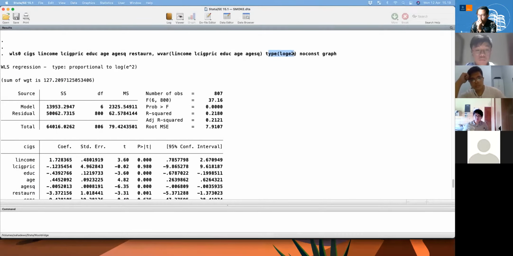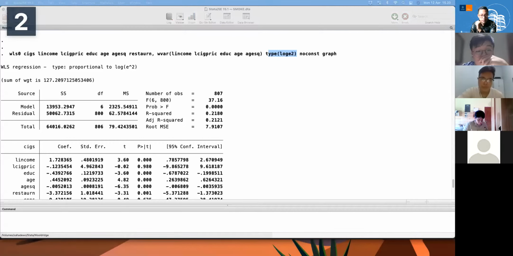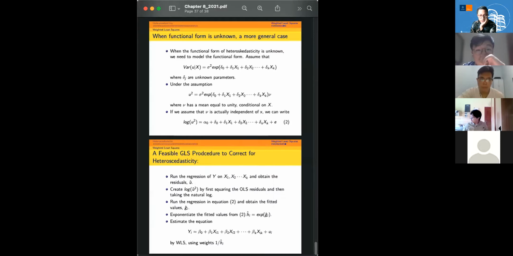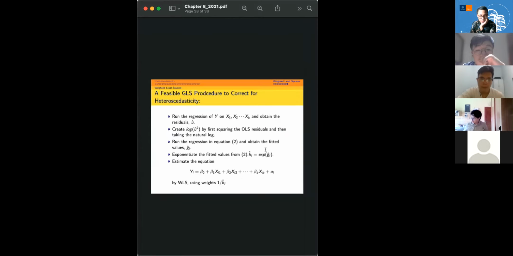Okay, so this is just a different way of weighting. Let me go back to the slide. Let me find my slide. It's actually just a different way of looking at the function.